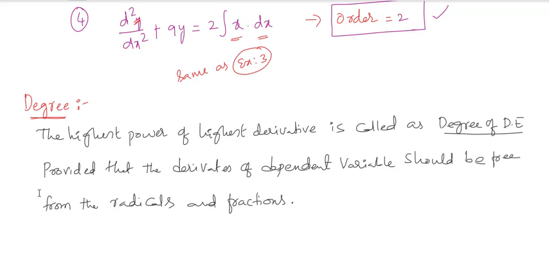Clear with my point? Getting what I'm saying? So that means the derivative of a dependent variable contains what? Like dy by dx, like d square y by dx square whole power 1 by 2. If I take an example, say if I'm having d square y by dx square whole power 3 by 2, here it is the fractional part, am I right or not?